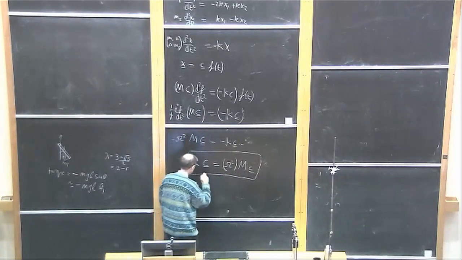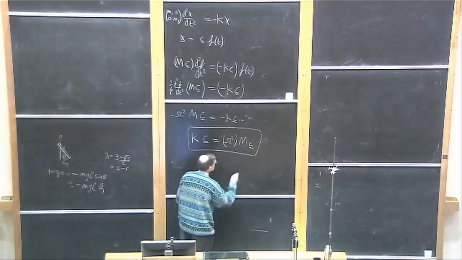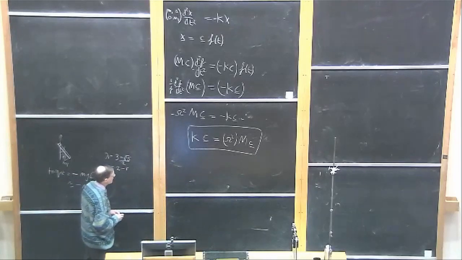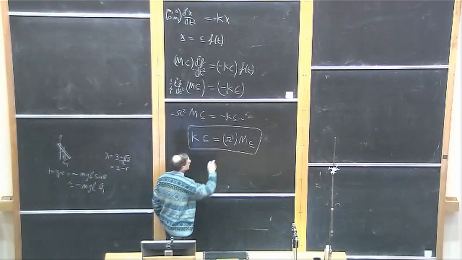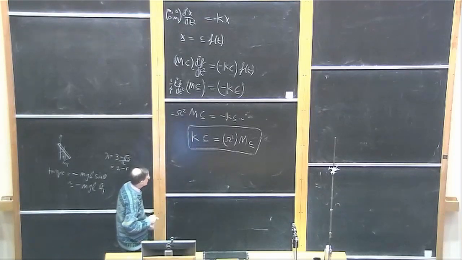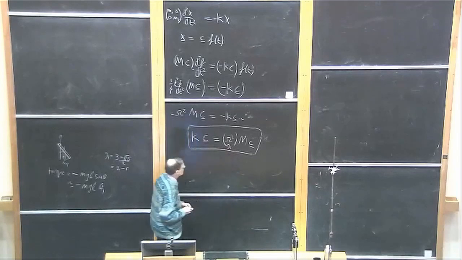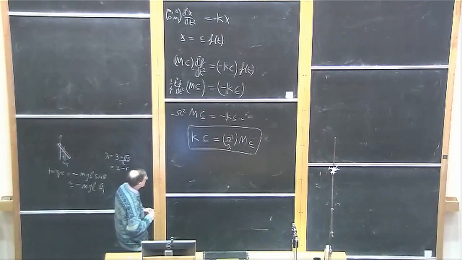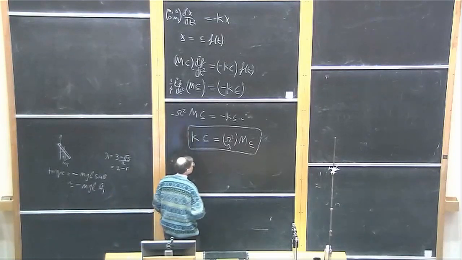So Kc on the eigenvector C produces matrix M times vector C, and there's a constant here, which is in fact the eigenvalue. I could also have called that lambda, but I'm only calling it omega. In fact, I'll leave it at that. But it is essentially the eigenvalue lambda.